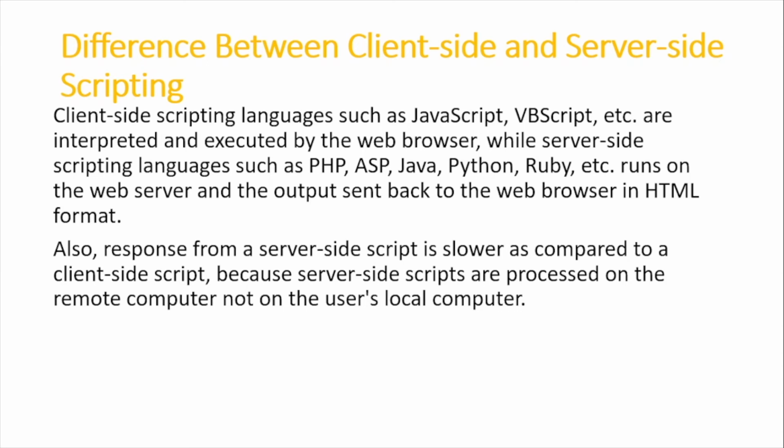Everything happens in your browser when you are using client-side scripting. But server-side scripting languages like PHP, ASP, Java, Python, Ruby, and Node.js, which is also a framework of JavaScript, actually run on a server.